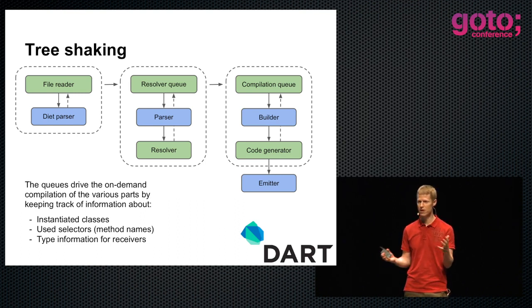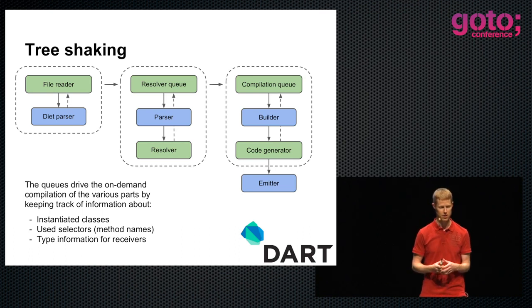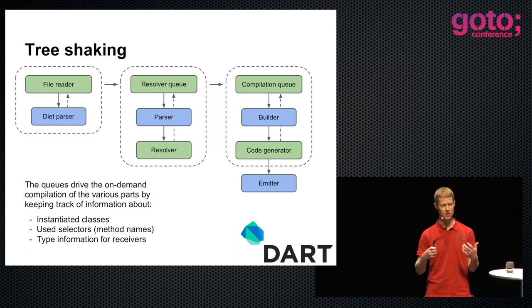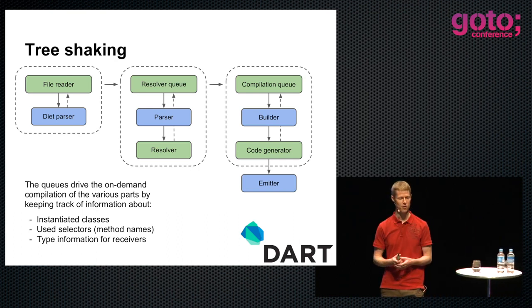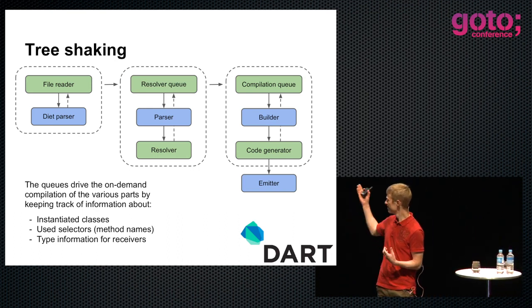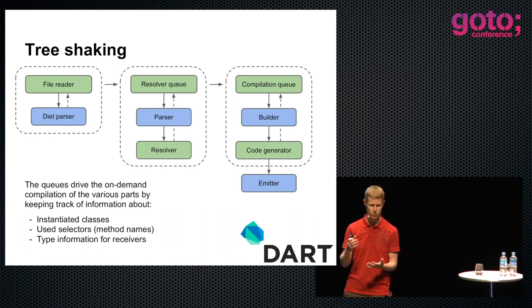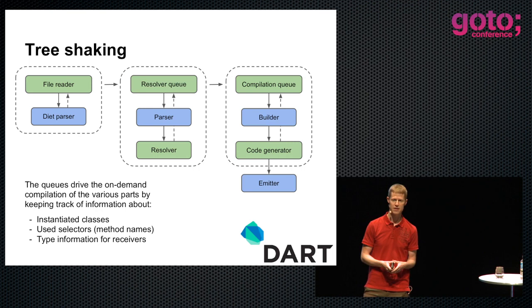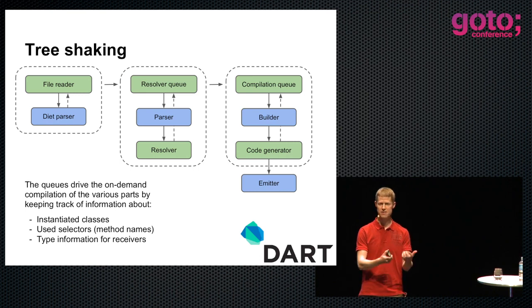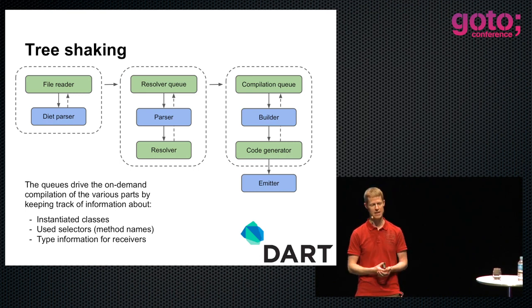There's a lot of things we don't have to deal with in the common case, but we do tend to get a bit too much information, or a bit too many methods involved in that way. So this queue actually knows about classes we know that are instantiated. It knows about which method names are in use, and it knows a bit about type information for receivers. Most typically because you've called methods only on the this object where you know something about the enclosing class.